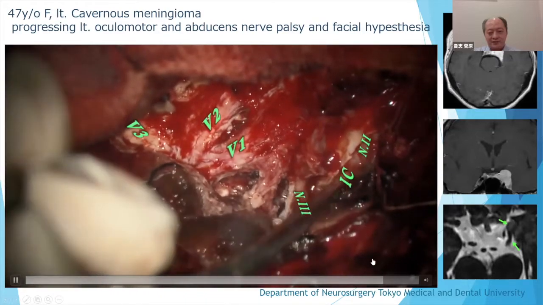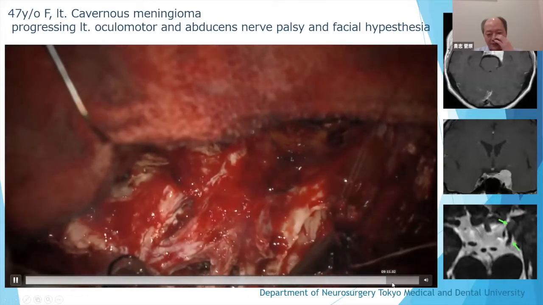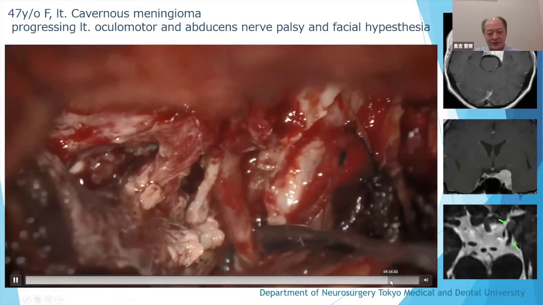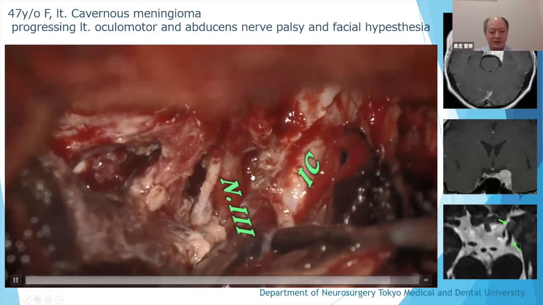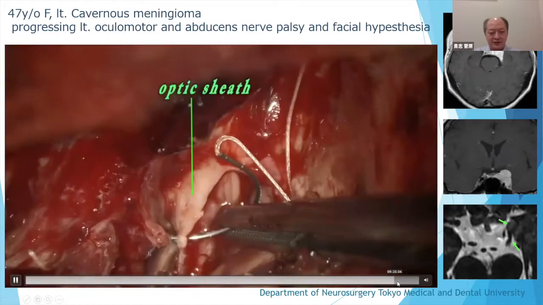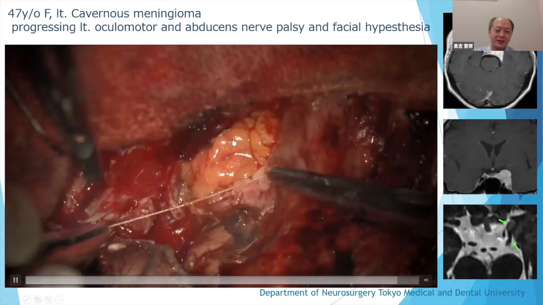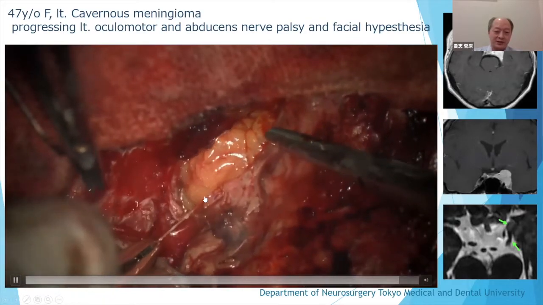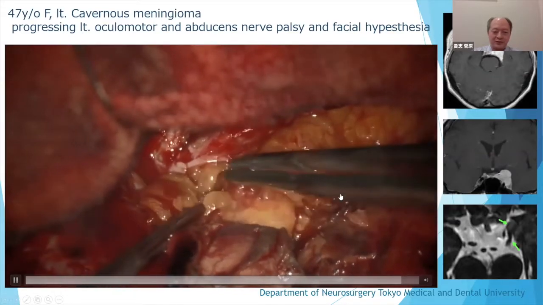Then this is the final. And oculomotor nerve was completely decompressed like this. And I close the dura with fat tissue this way, drive to the window.